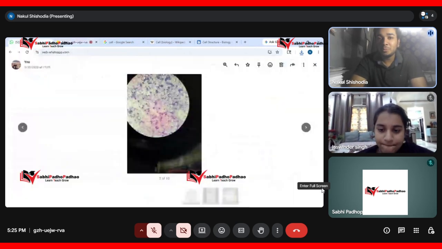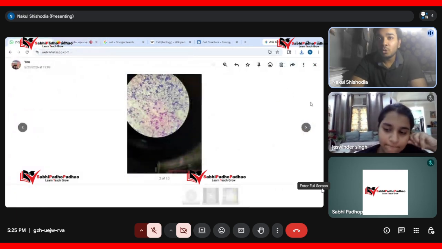So this is a bone marrow. Now if I can show you how RBCs look like.